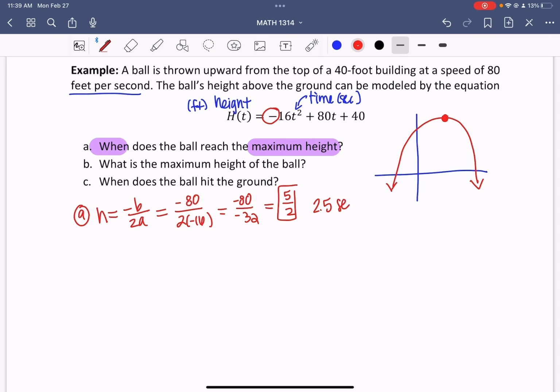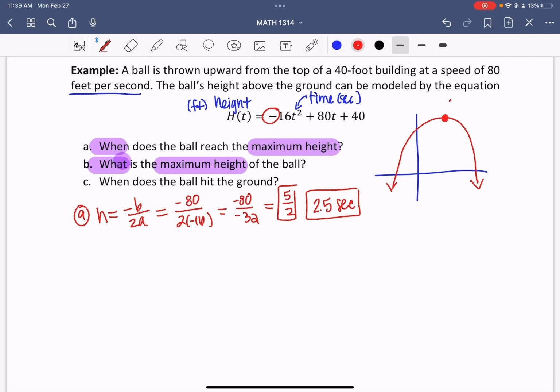After 2.5 seconds. We always want to make sure that we apply to the given situation. So a lot of times you use that 5 over 2, but in this case, someone's asking, when does the ball reach max height? They're not going to understand 5 over 2, so you have to interpret that for them. 2.5 seconds.